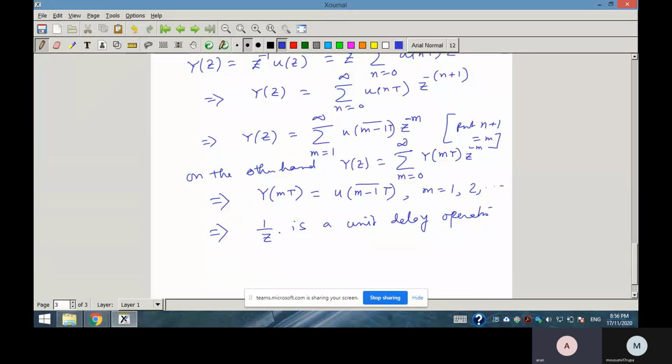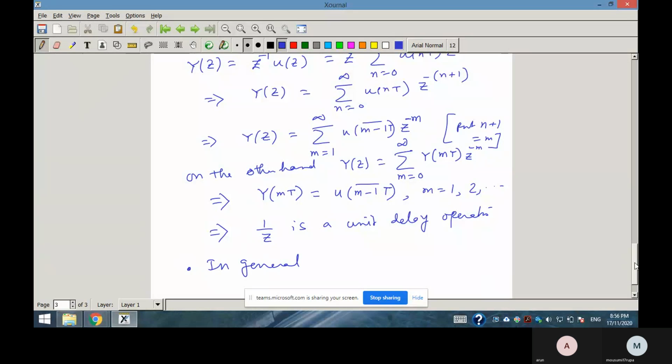So at an instant, if you apply say u(t), then that effect you will get after 1 sample time t. So in general, this result you can generalize.